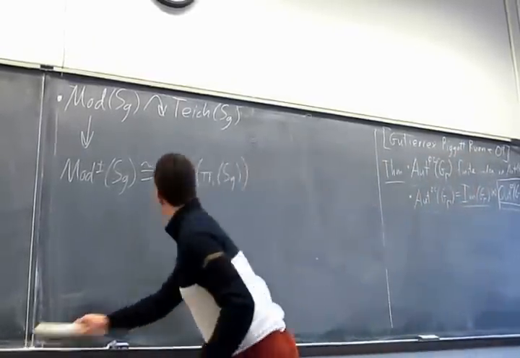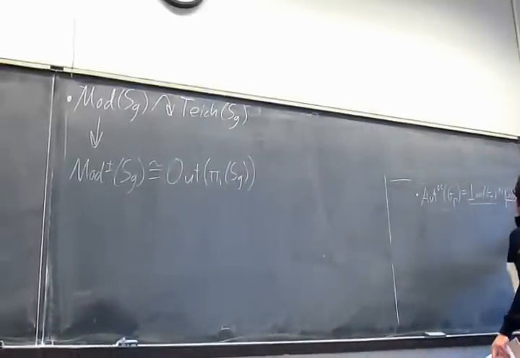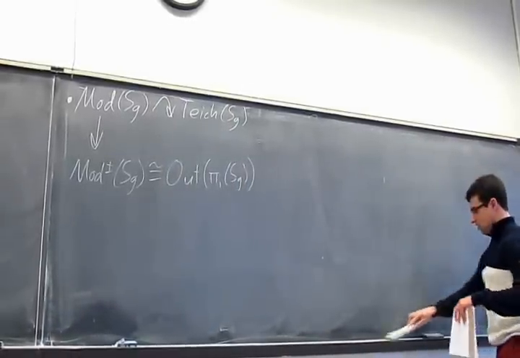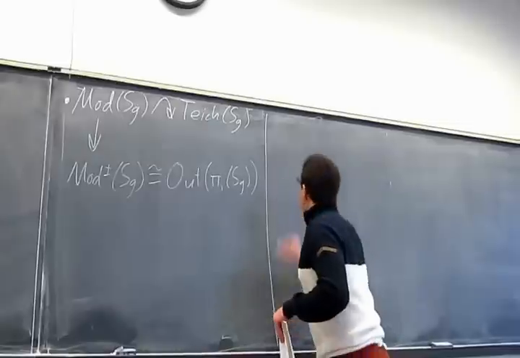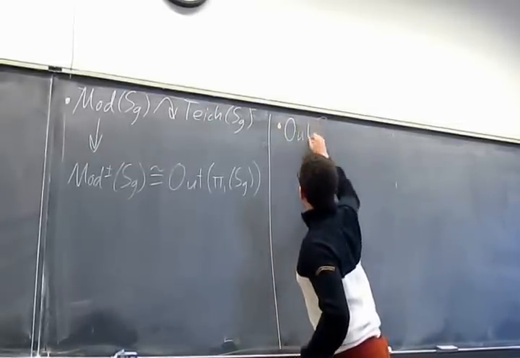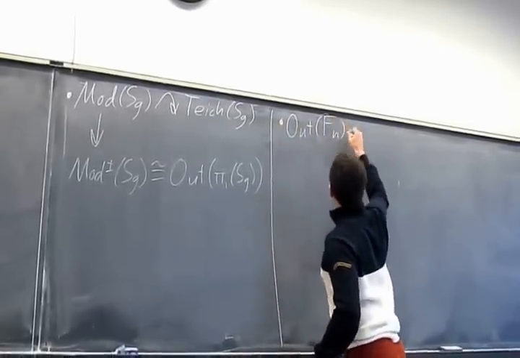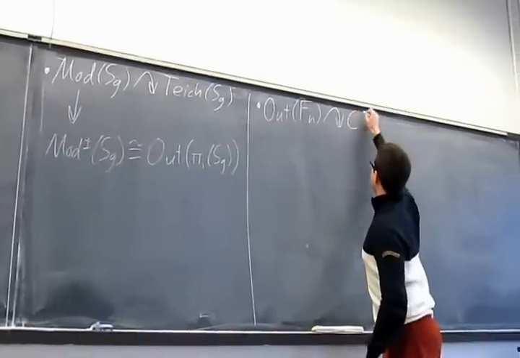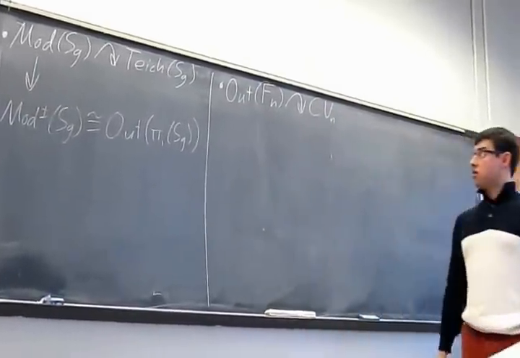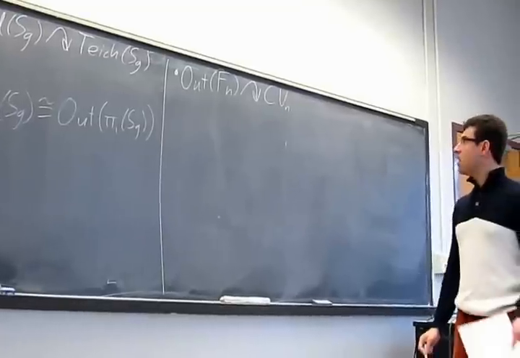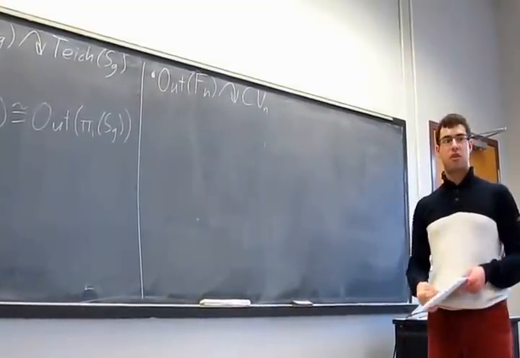And that becomes really evident when we go to our next example, a bit less classical. So we have the outer automorphism group of the free group of rank n acting on Culler-Vogtmann outer space.